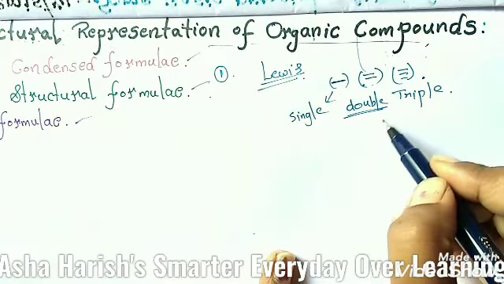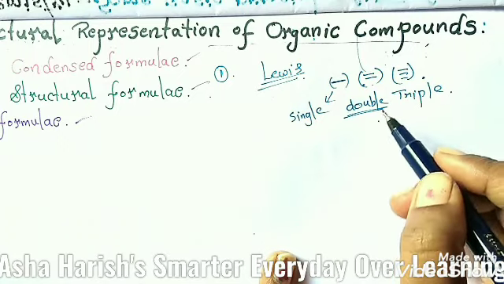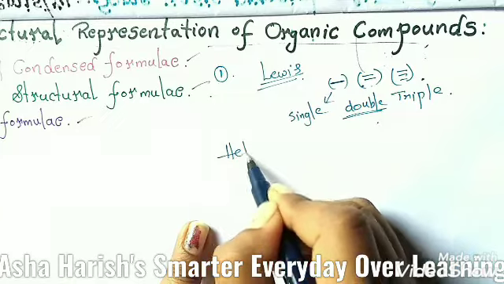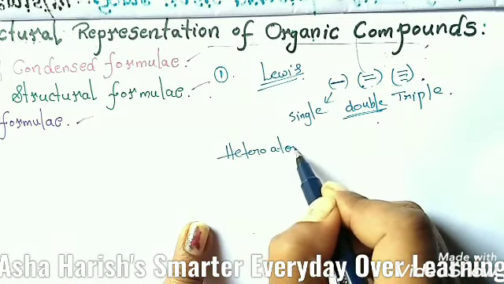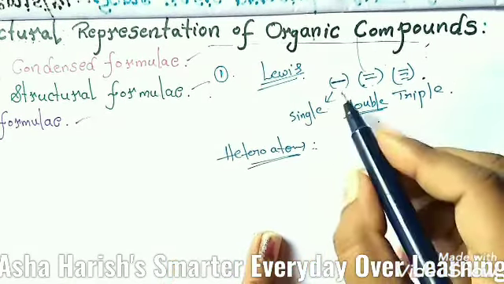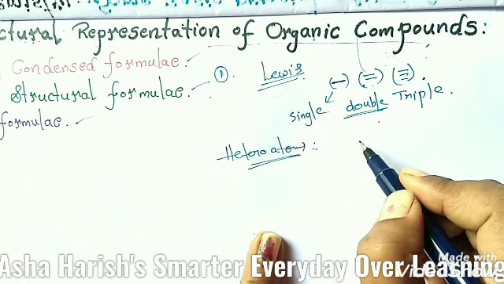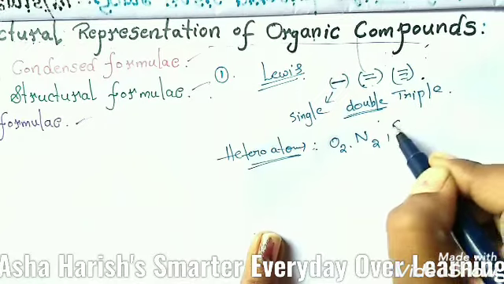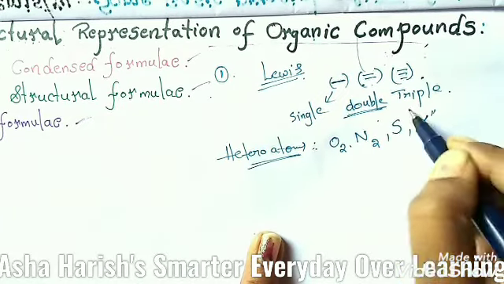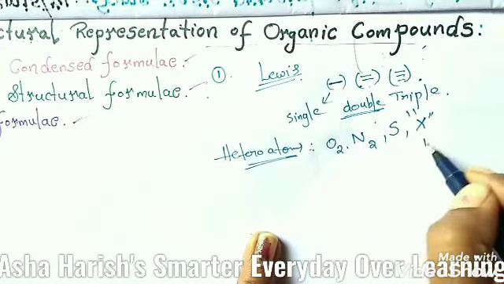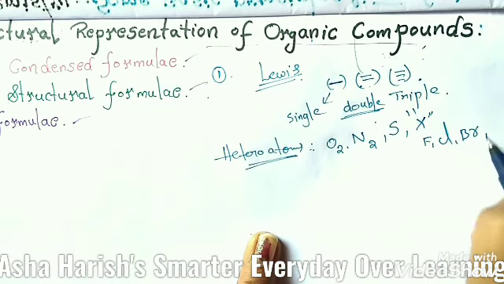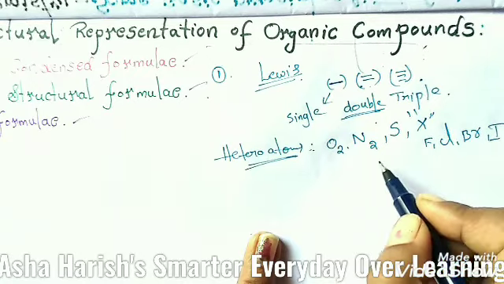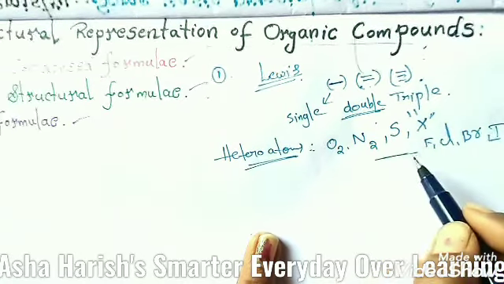And the lone pairs of electrons on the heteroatoms, for example oxygen, nitrogen, sulfur, and halogens represented with the letter X, fluorine, chlorine, bromine and iodine, may or may not be shown.